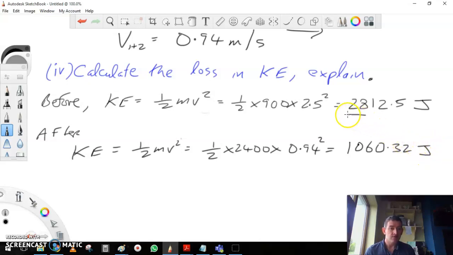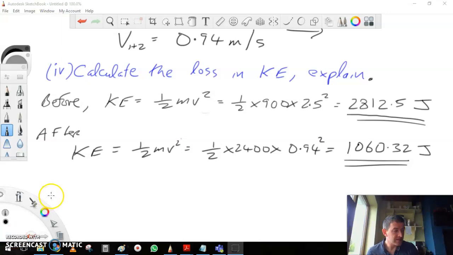So that's the kinetic energy before the collision, and that's the kinetic energy after the collision. So there's a loss in kinetic energy. Lastly, we want to explain where the kinetic energy goes, and why there is a loss.